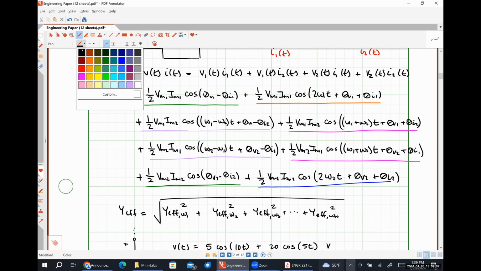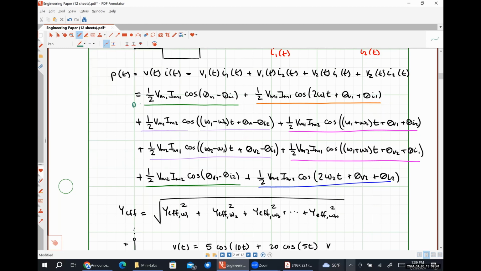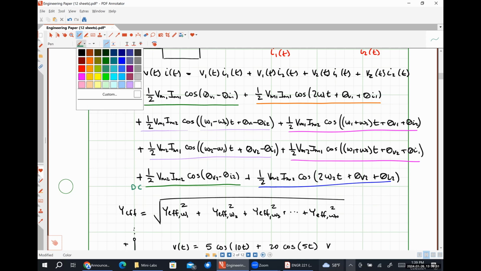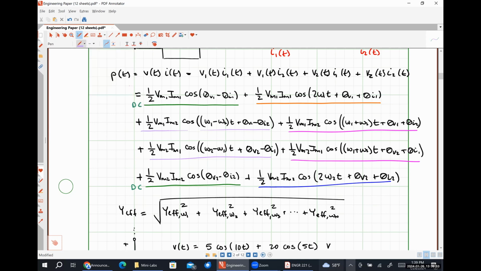And so what I mean by that specifically, the term in green, this is a DC term, and this is a DC term, so they can be added together. That's just going to be a number plus a number. This term in lavender is at omega 2 minus omega 1, because cosine of omega 1 minus omega 2 is the same thing as cosine of omega 2 minus omega 1; effectively cosine of x and cosine of negative x are the same thing.